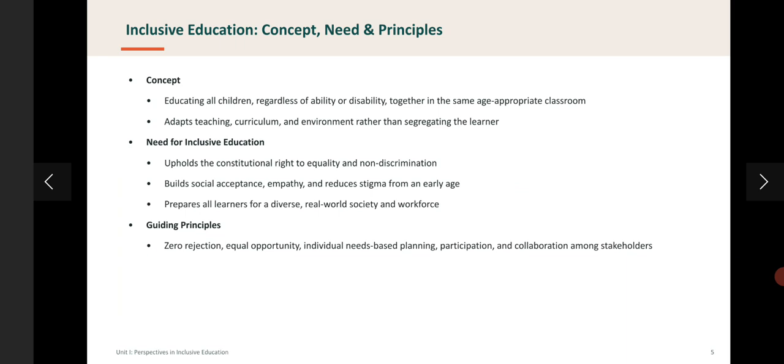Right? So there are types of school: regular, special, integrated, inclusive. So regular school, special school, integrated school, inclusive school. Now at present, there is a growing need among educators and sociologists to accept the inclusive education pattern.